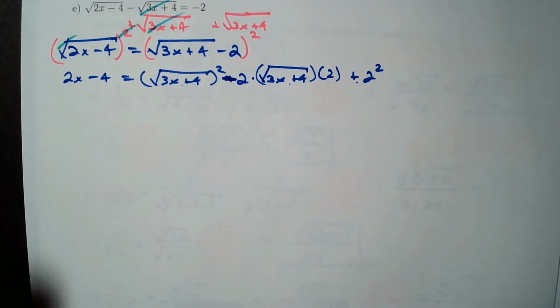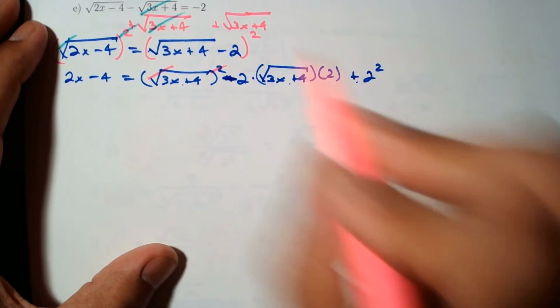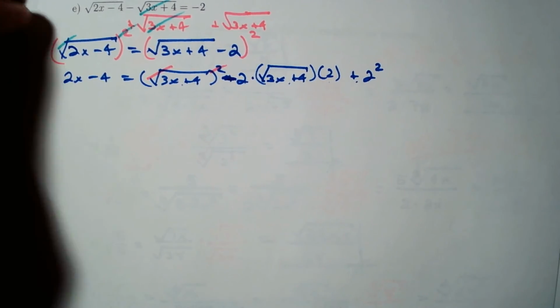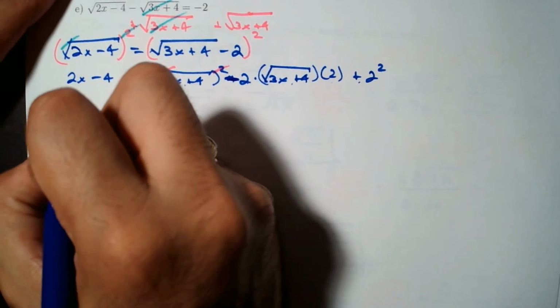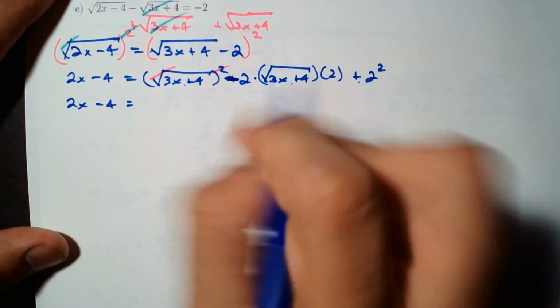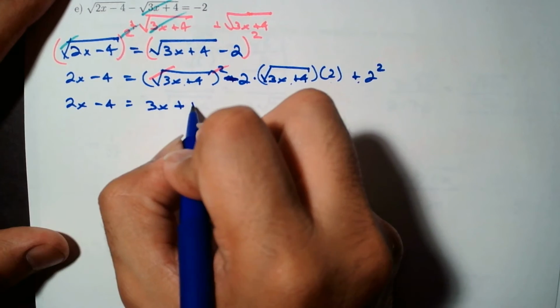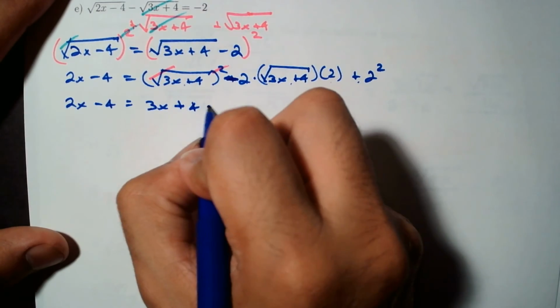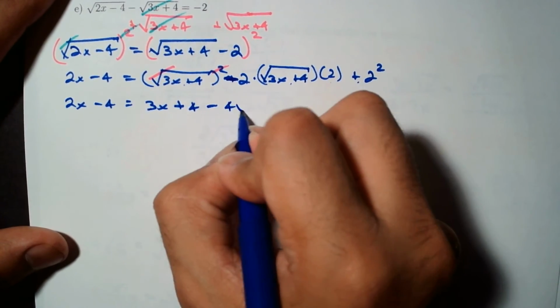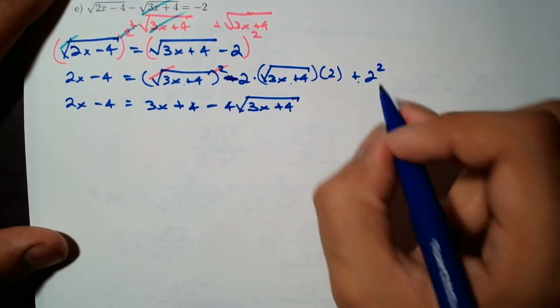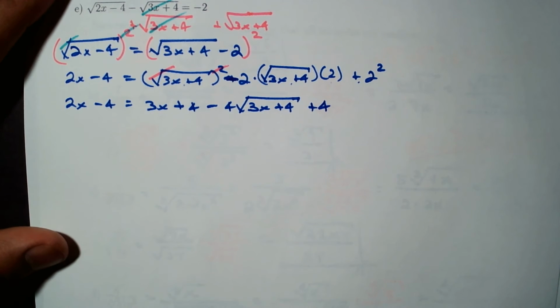Cancel the radical with the power, and 2 squared equals 4. So we're left with 3x plus 4, minus 2 times 2, which is 4, times the square root of 3x plus 4, plus 4.